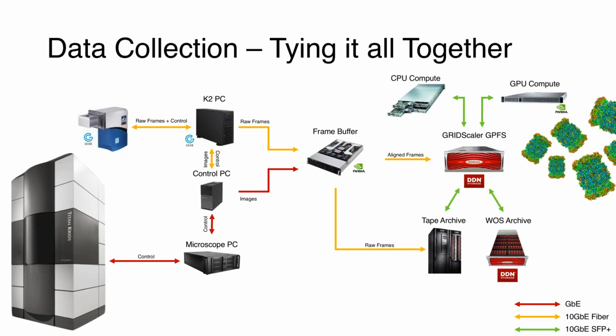Correct. So the K2 is where we first introduced 10 gig fiber connections. We've simply scaled that up. We use multiple 10 gig connections. The K3, in terms of what the PC outputs, that's one of the areas we're exploring with DDN right now, to see if we want to use 10 gig fiber or InfiniBand.